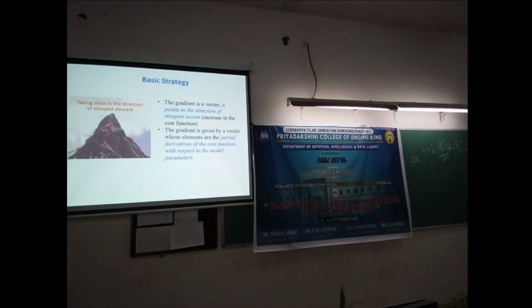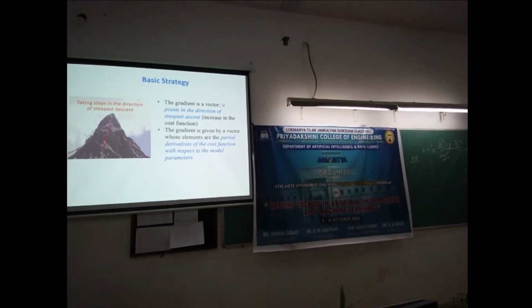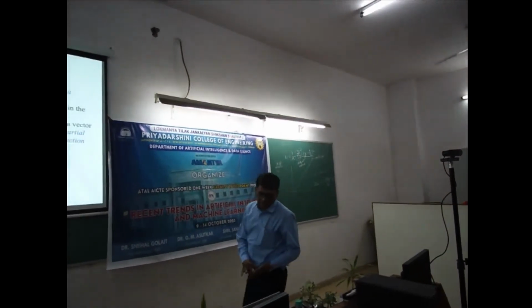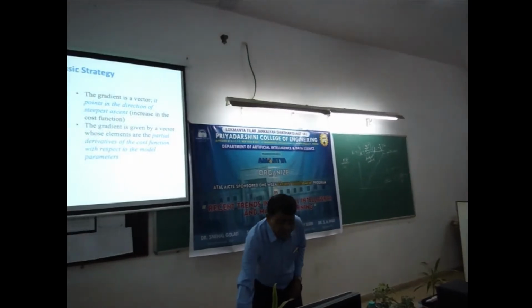The basic strategy of the steepest descent or gradient descent algorithm is that you have to take steps in the direction of steepest descent. What do you do when you want to go down from the top of a hill? You might see that I have drawn the hill there. Suppose you want to go down from this place to this place.